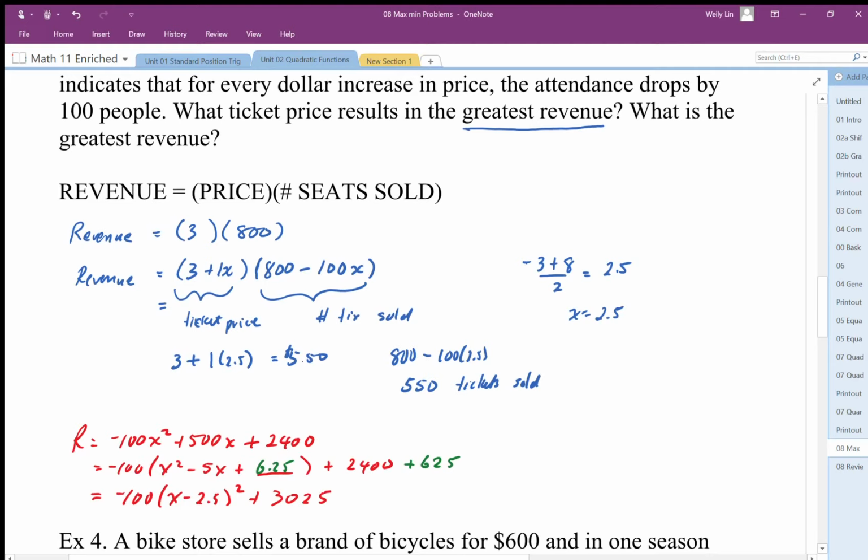So our maximum revenue is $3,025. We could also work that out once we had solved for the ticket price and the tickets sold. If we multiply those together, we're again going to end up with $3,025 for maximum revenue.